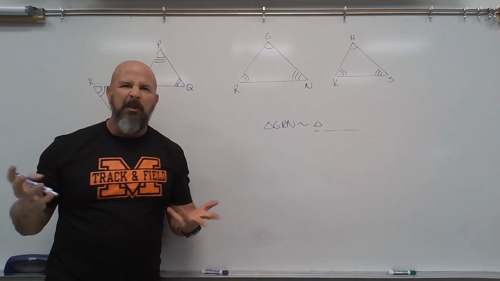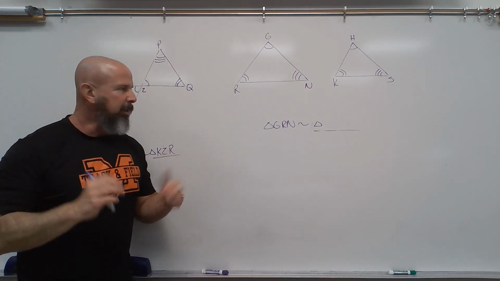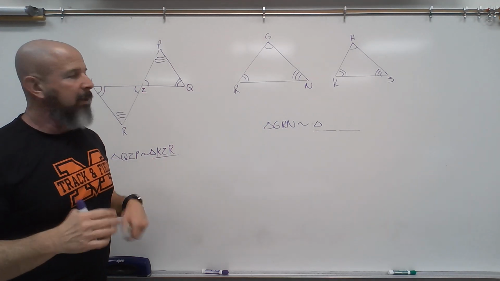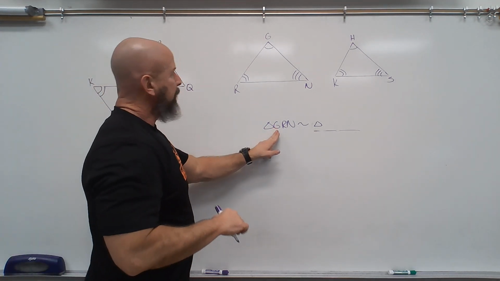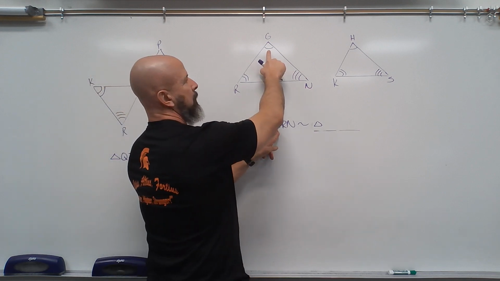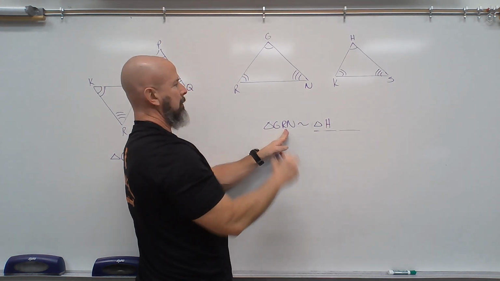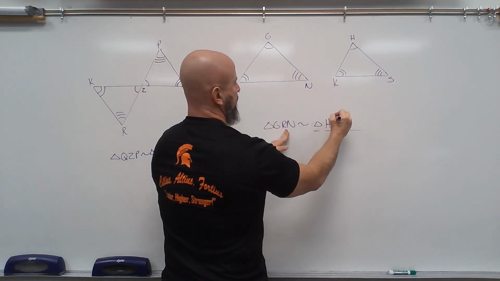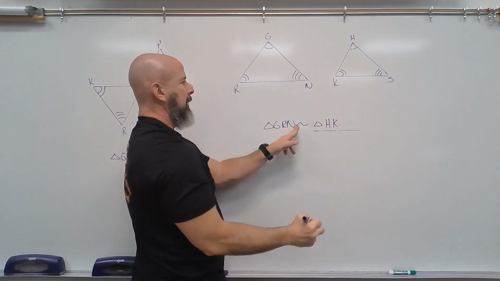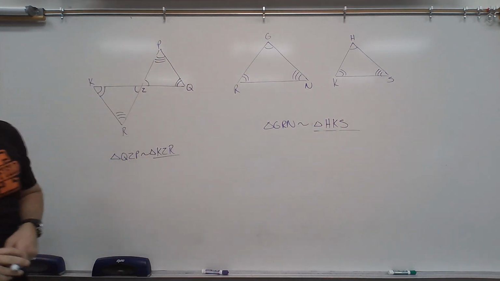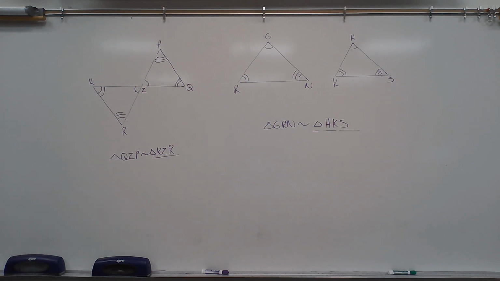So again, I'm just putting the 1, 2, and 3 markings so we can keep the pairs together. So when I write the letters in the correct order, G was first here, one marking, so H is first. R was second, so K is second. N was third, so S is third. That would give me the order of the letters compared to those corresponding markings.